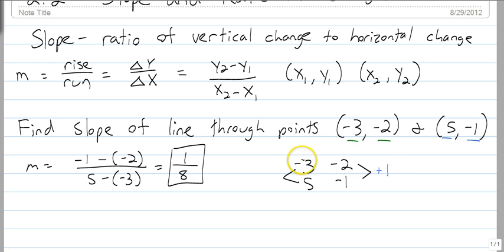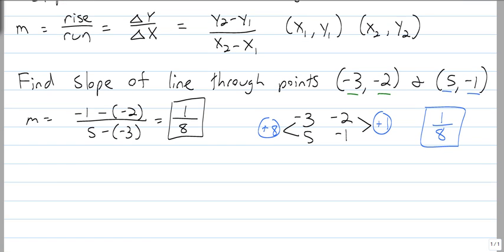To go from -3 all the way up to +5, we went up 8 units. This is your y change, this is your x change, so we always take the right-hand side over the left-hand side, which turns out to be 1/8, which is the same thing as what we had before. You can use either method, I don't care. I sometimes tend to do the second method just because it's sometimes faster visually for me. So, alright, good.